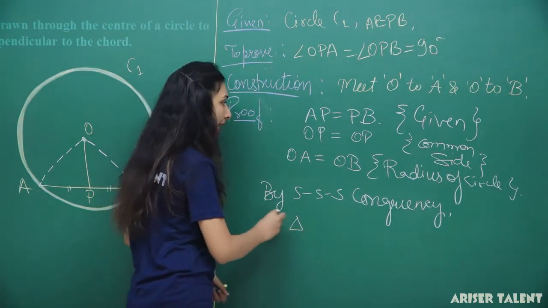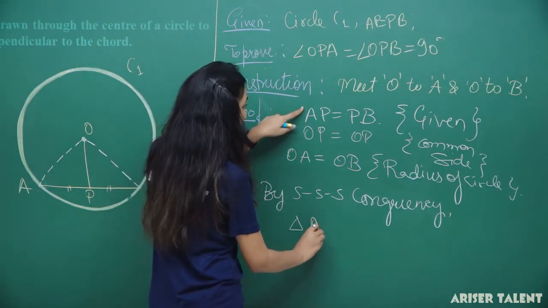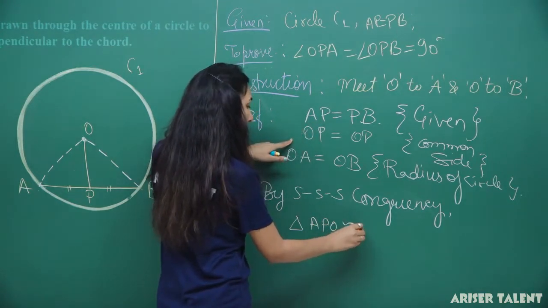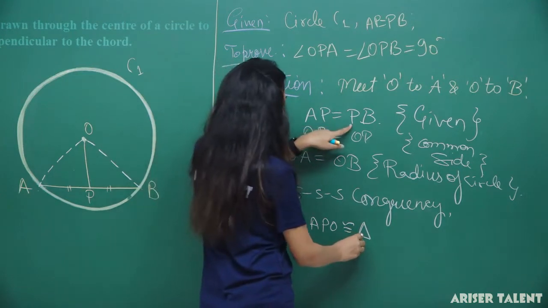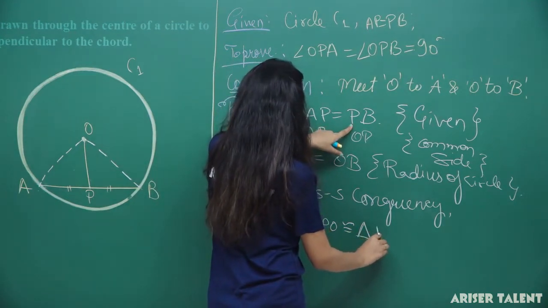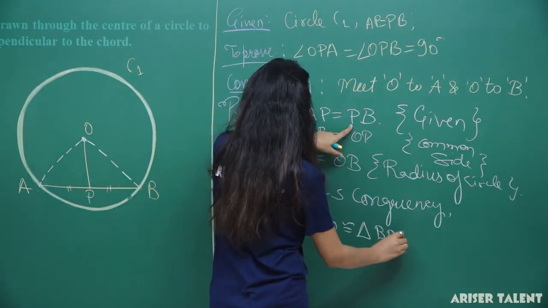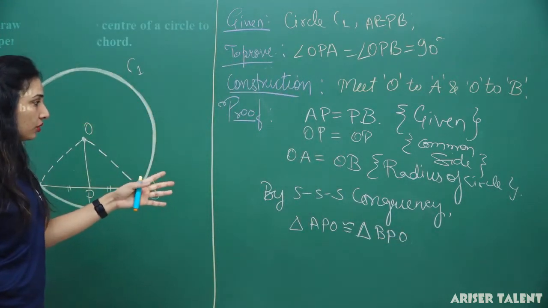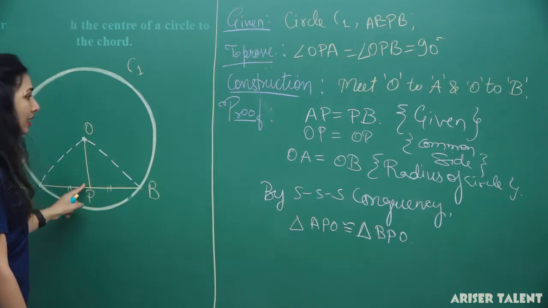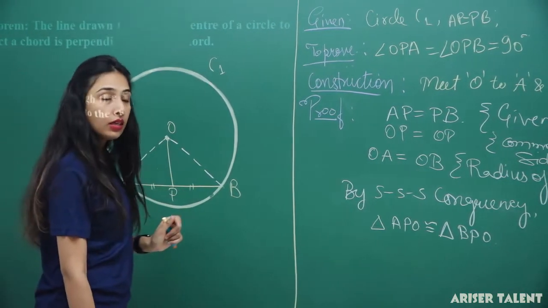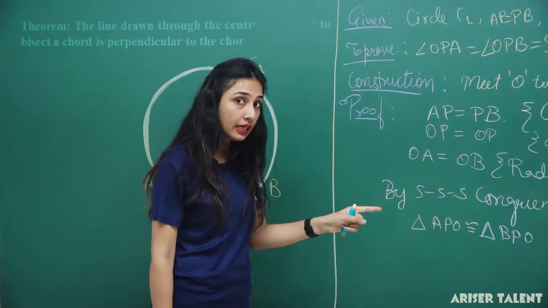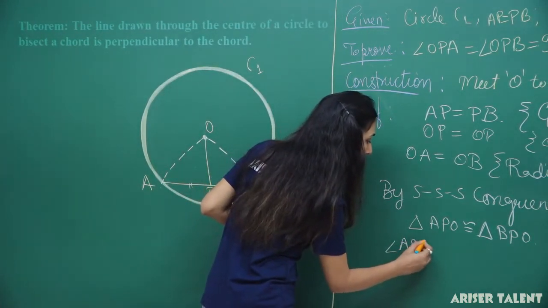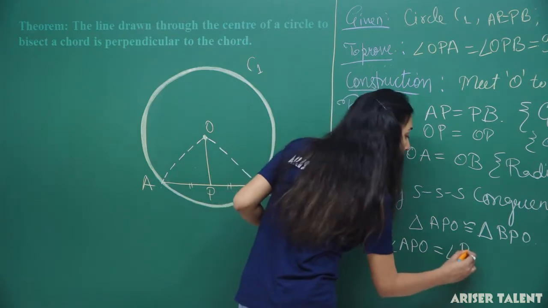This triangle APO is congruent to this triangle BPO. And from this congruency, angle APO will be equal to angle BPO.